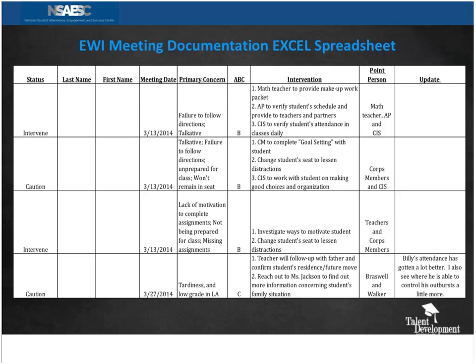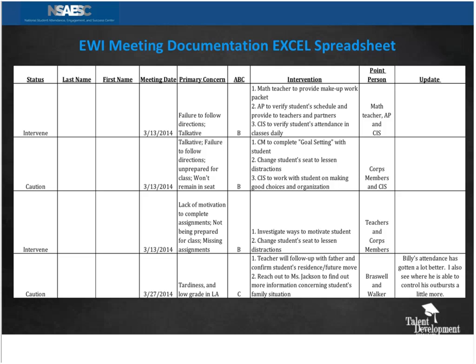And through the sharing and reflecting on the interventions, usually we try to ask schools to include an update column. Do you have any new information about the student that we talked about? Do you have any changes in the student's behavior that we should be aware of and consider if we should have to talk about this student again?